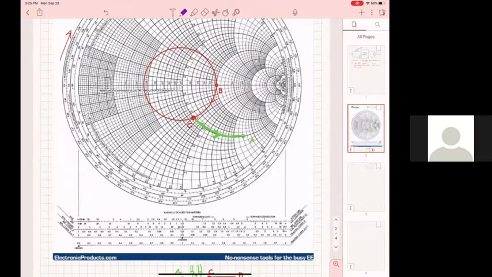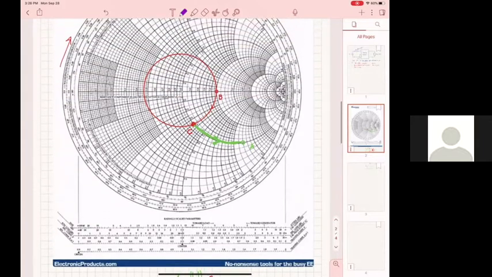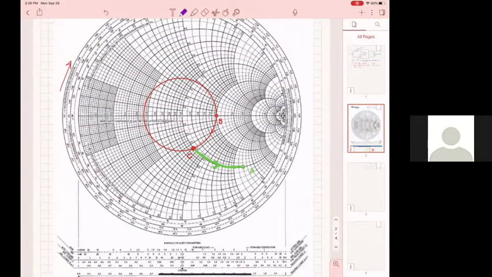That shows me if I were to connect from A towards B a transmission line, it would go through this A point. Okay, let's see.